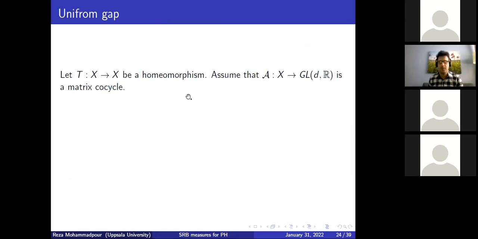Let T be a homeomorphism. Assume that A is a matrix cocycle.